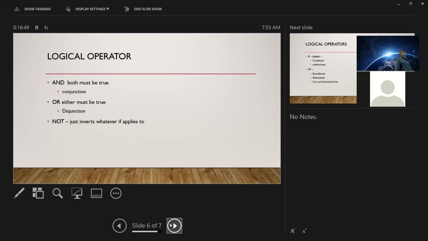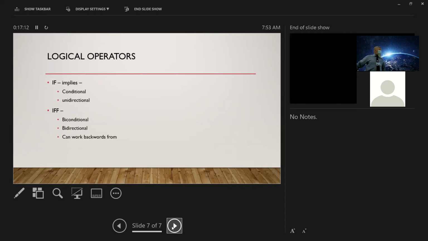When we use the and in a statement to make a condition, we call that conjunction. That's where two things must be true for the statement to be true. Where we use the or, we call that disjunction. That means even if only one of them is true, then it's true. And where we use the not, we just say that that inverts.